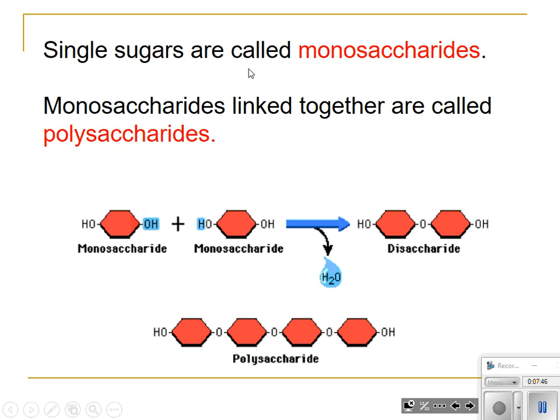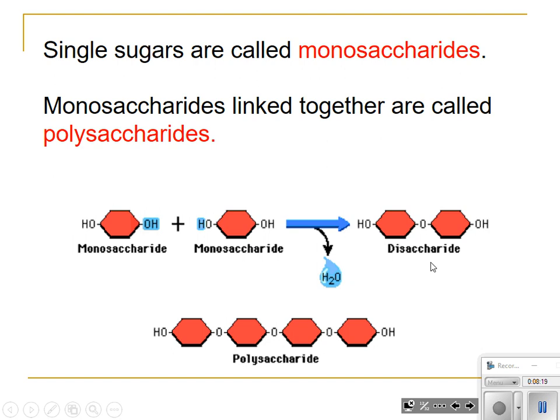Now, one thing that I don't have in your notes, but it is in your notes: two sugars. What are two sugars called, you think? It is sucrose. That's an example right here. What's that say? Disaccharide. An example of a disaccharide is sucrose.